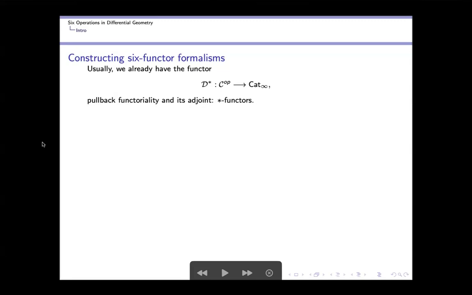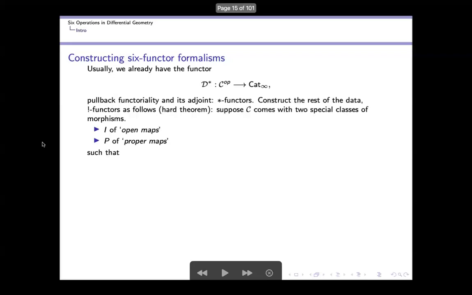Think of the example of locally compact Hausdorff spaces, where these other functors, like the shriek functors, have something to do with proper support. So what one does is assume that the category C comes equipped with two special classes of maps: open maps and proper maps. In specific examples, these do not necessarily have to be the natural maps that you might call open or proper. You can play around with this a lot.